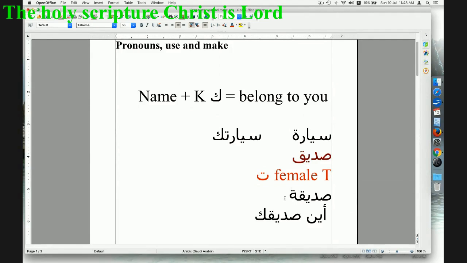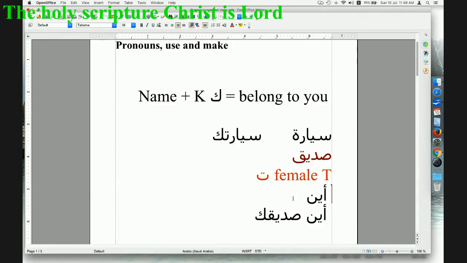So if I want to ask you, where is your girlfriend? And girlfriend here, by the way, is an English term, or let us say a foreign term. In the Middle East, we don't use this term. So sadiqa has a different meaning, but these days it can turn to be that because people are using boyfriend, girlfriend. So if I want to ask you, where is your girlfriend?